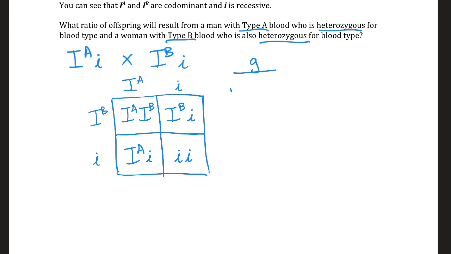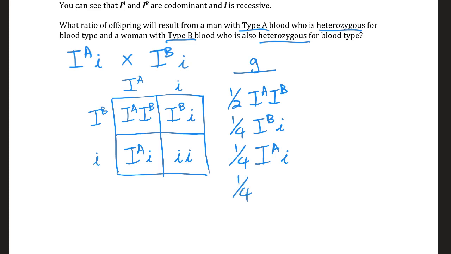We've got 1/4 IAIB, 1/4 IBi, 1/4 IAi, and 1/4 little i.